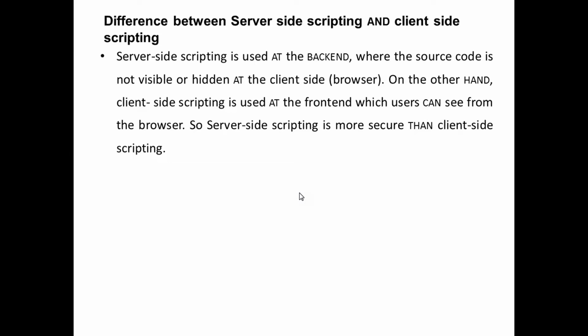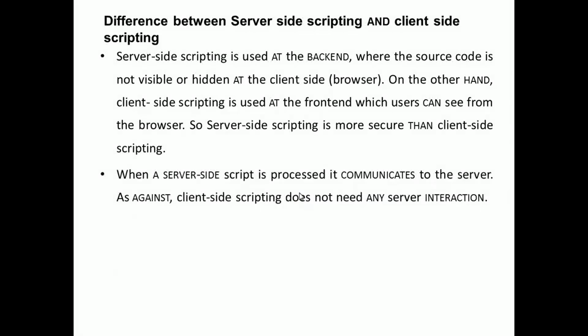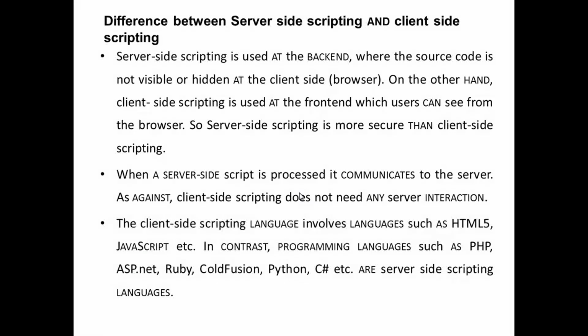So server side scripting is more secure than client side scripting. Second, when a server side script is processed, it communicates with the server, whereas client side scripting does not need any server interaction. The client-side scripting languages include HTML5, JavaScript, etc.